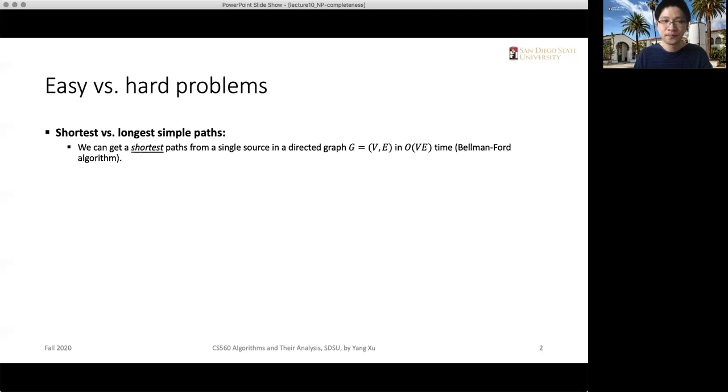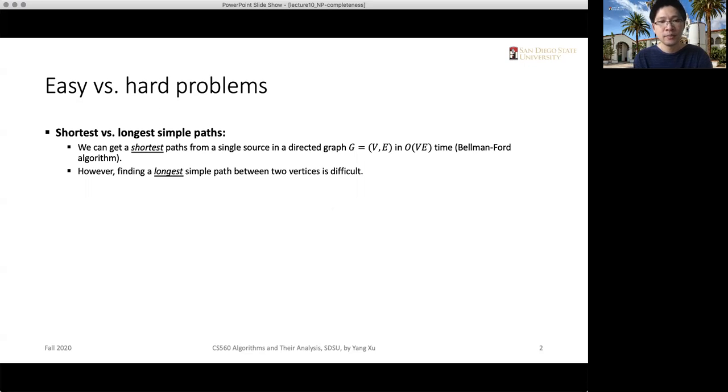It turns out that computing the longest path between two vertices on a graph is not an easy problem. We already know the shortest path problem: the Bellman-Ford algorithm costs us big O of V times E. We admit that this is not a very efficient algorithm, and Dijkstra may do better, but Dijkstra comes with an additional constraint: there shouldn't be negative weights on the graph.